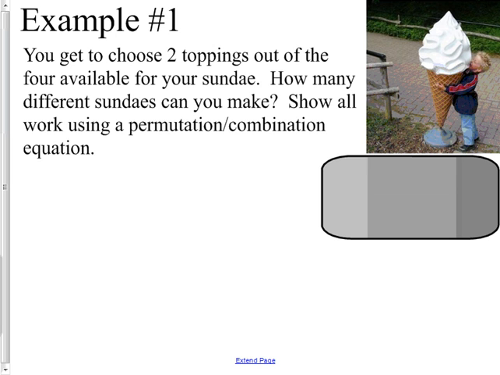So let's say I figure out that since it's a food problem, we pretty much don't care what order we put the toppings on the sundae, then it's a C question. And then the bigger number, which is there are 4 toppings and I'm picking out 2, it always goes like this, 4, 2. This is always the total, or the big number, and this is always how many we're picking.